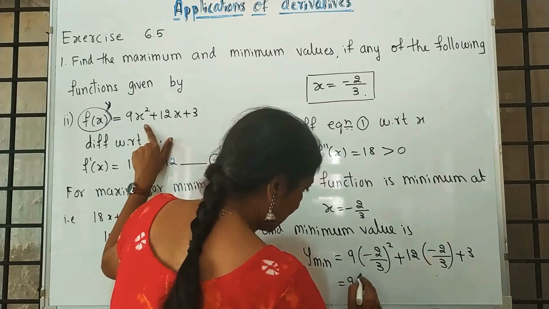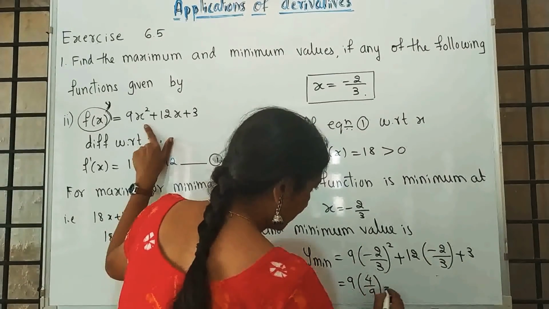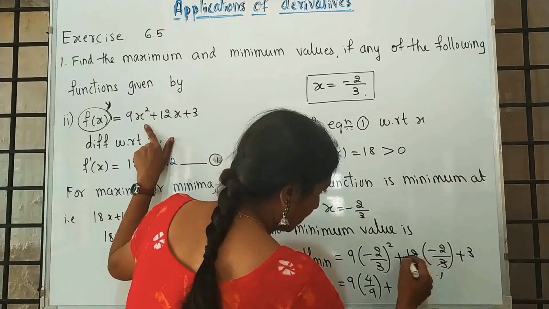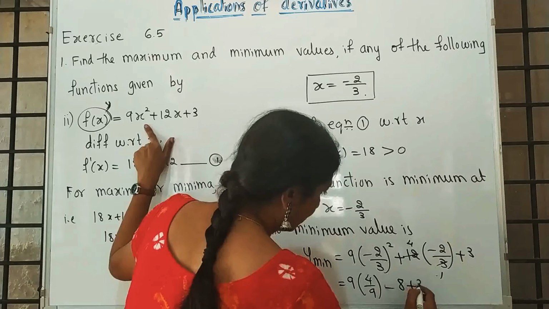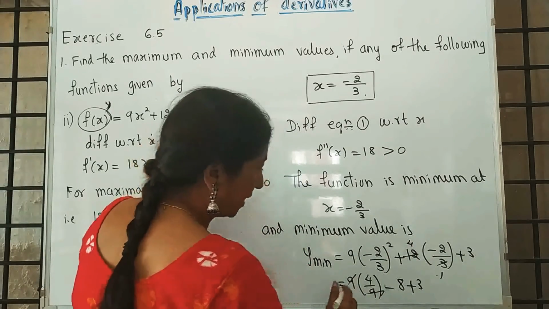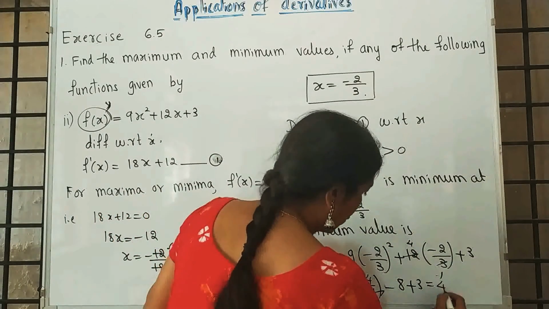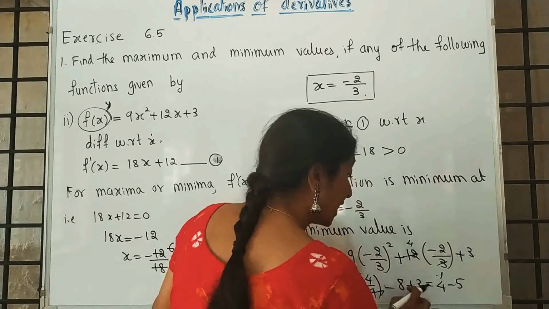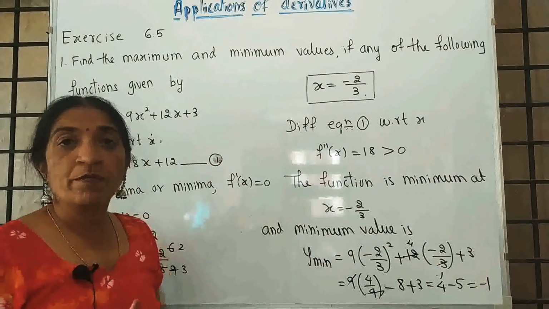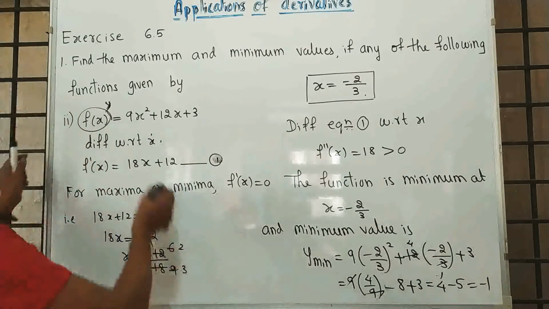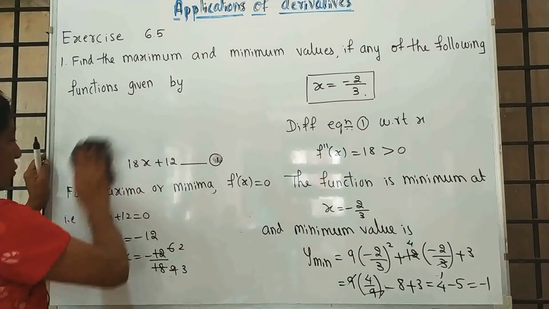This is 9 into 4 by 9, plus 3 fours are 12, into minus, is minus 8, plus 3. This 9 and 9 get cancelled. It is 4 minus 8 plus 3. Minus 8 plus 3 is minus 5, and 4 minus 5 is minus 1. Yes. Moving to the third question.